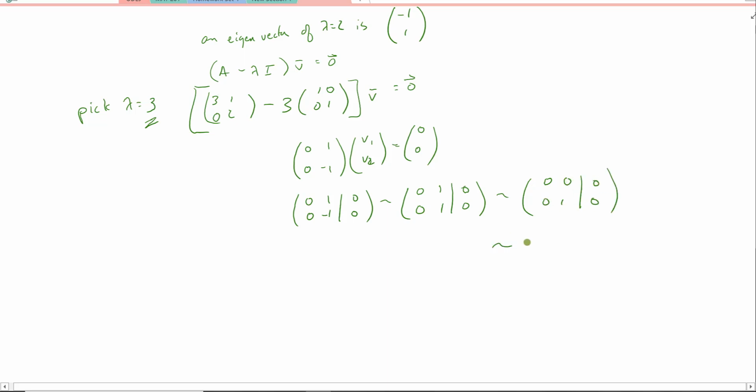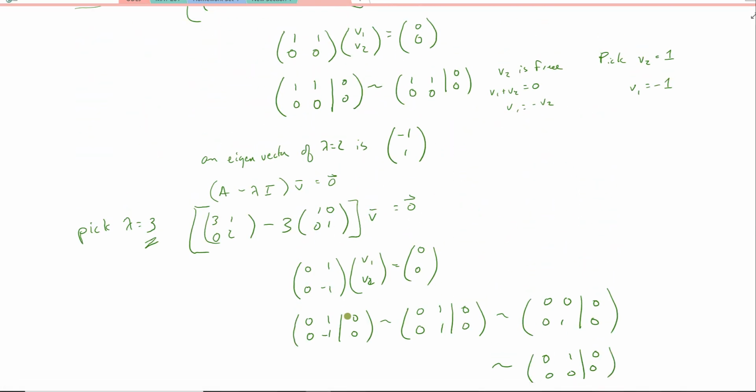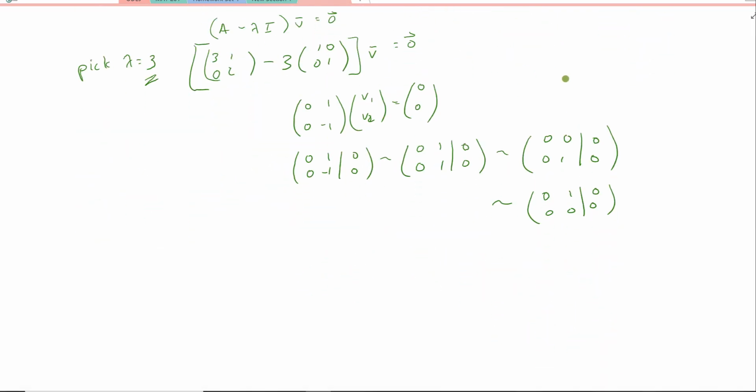Whenever you end up with a row of all zeros in Gauss-Jordan elimination, by convention you put that at the bottom. So this is how this row reduces. Notice that, like before, we got only one pivot column. V2 has to equal 0 in this case.